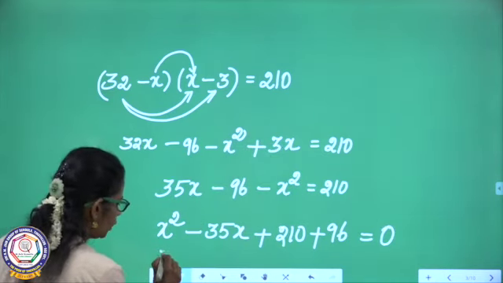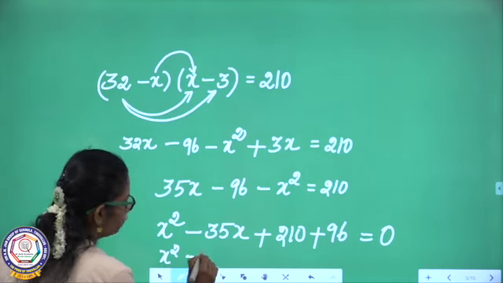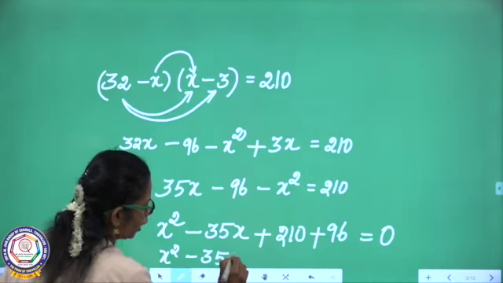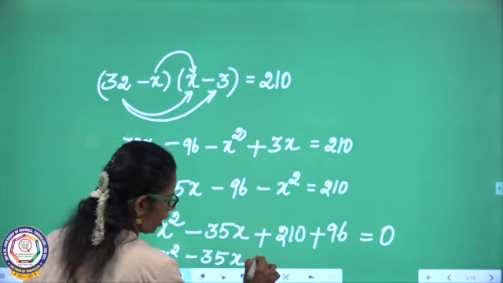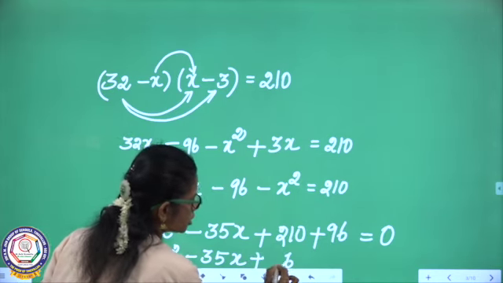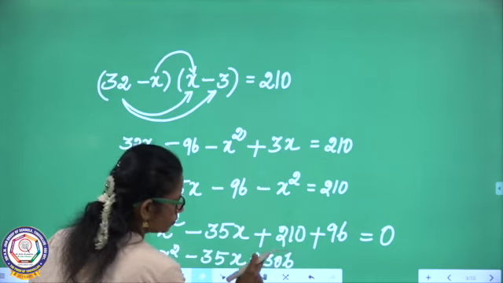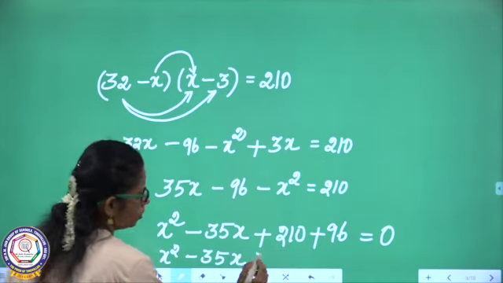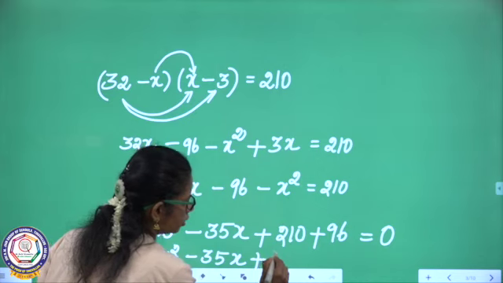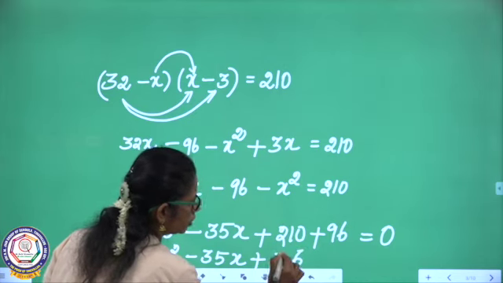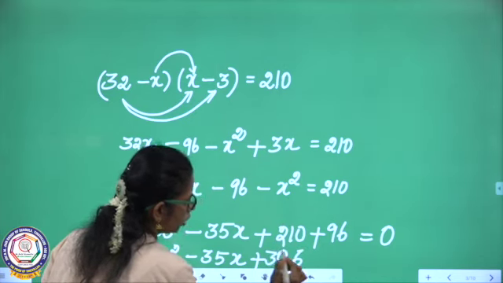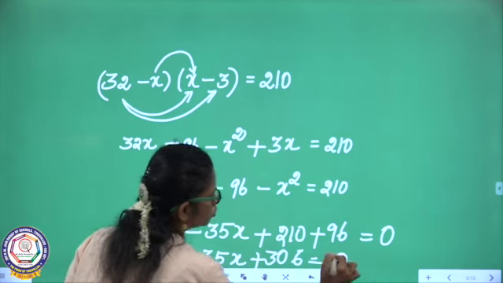Now x square minus 35x plus 306 equal to 0.